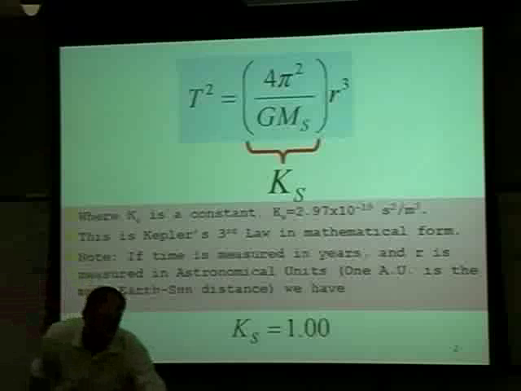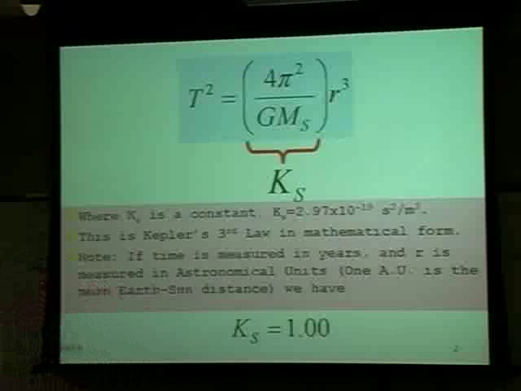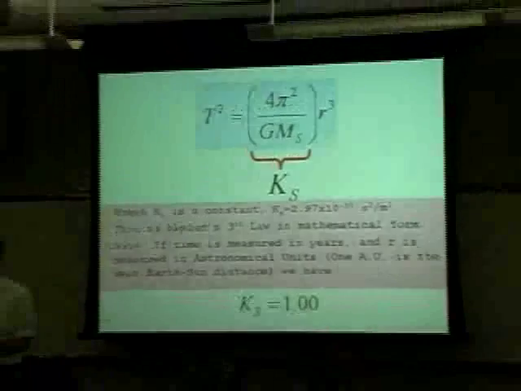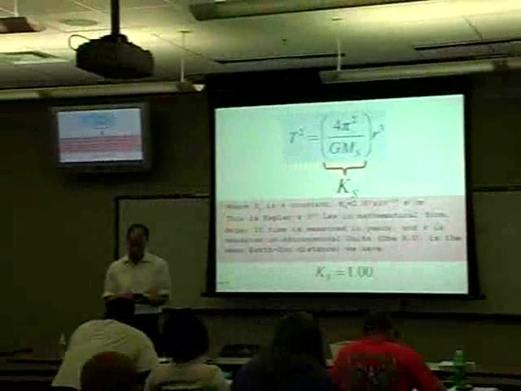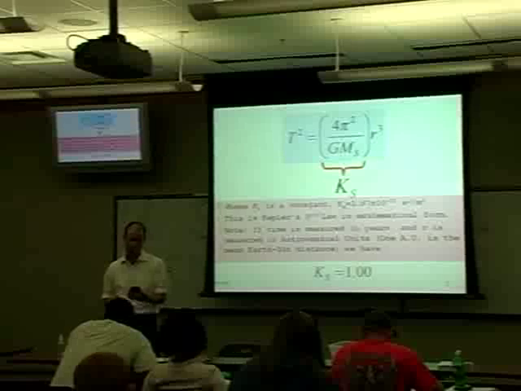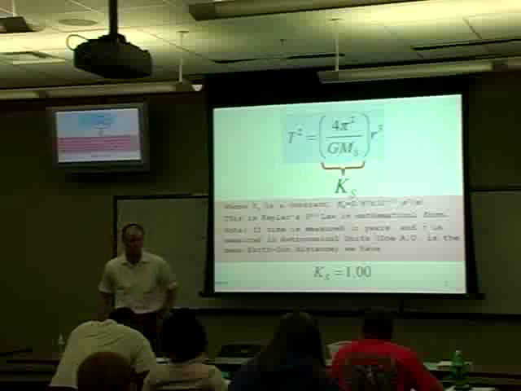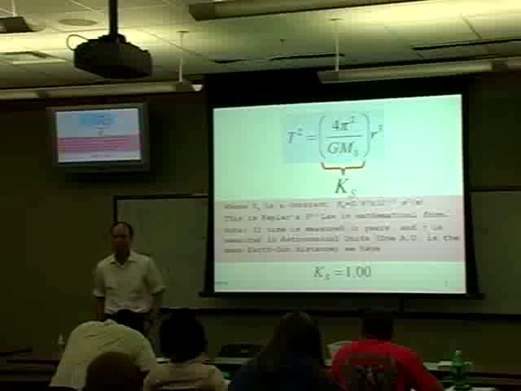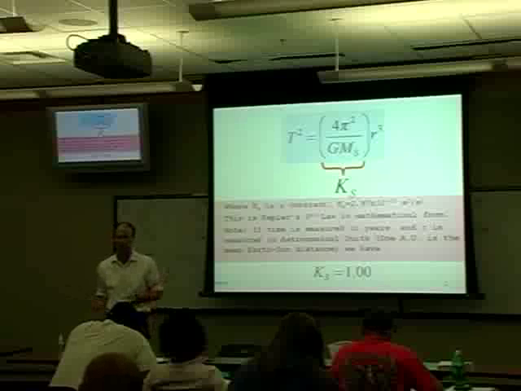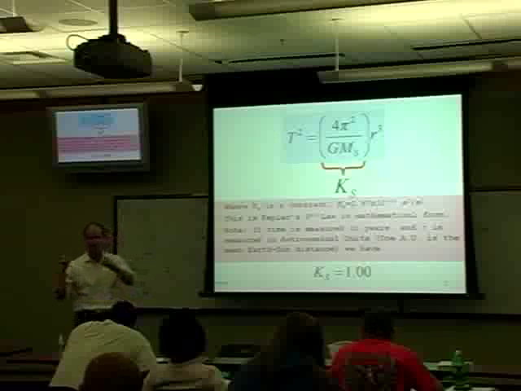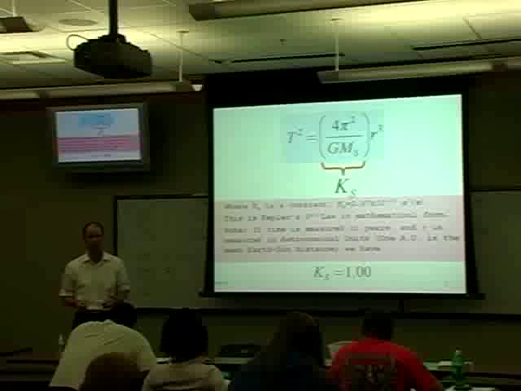I would take the cube root of 4, which is the cube root of 2 squared, and I come up with 1.58. So Mars is approximately 1.58 astronomical units away from the sun. The actual value is 1.52 because it doesn't actually take exactly 2 years for Mars to go around the sun. It's a little bit less.